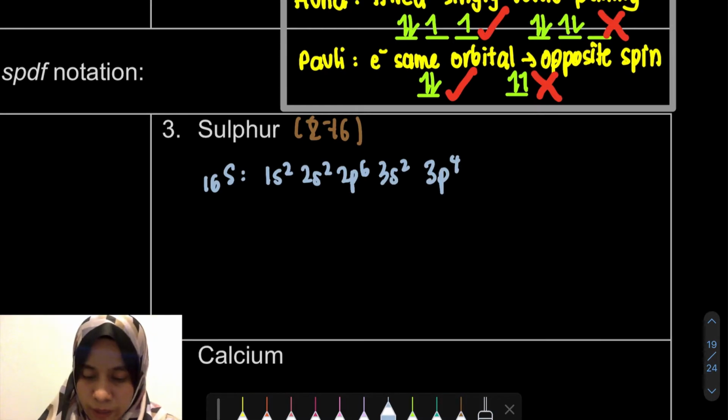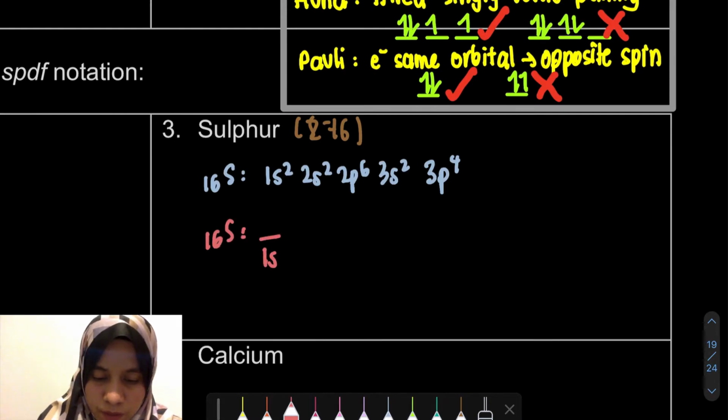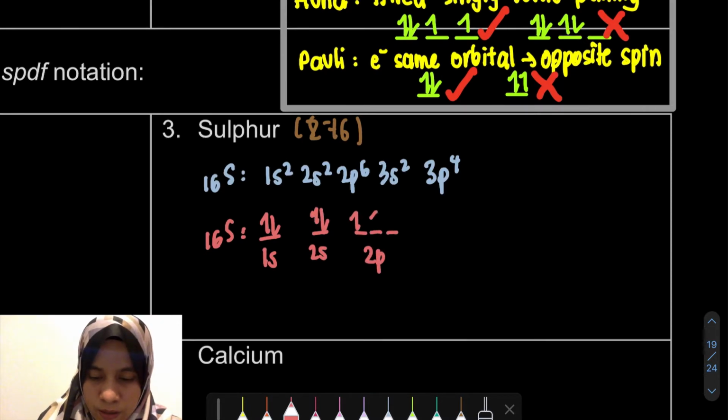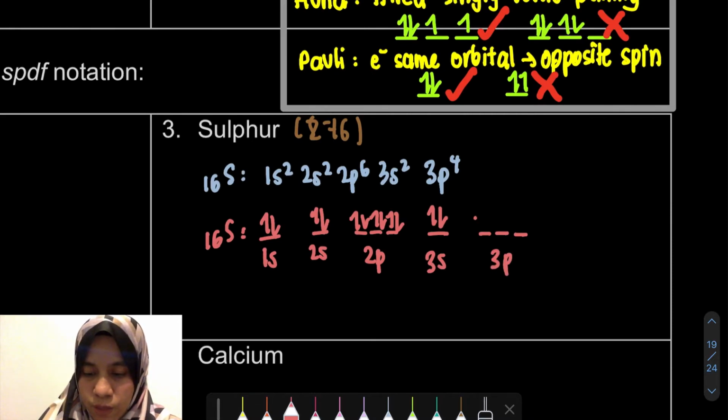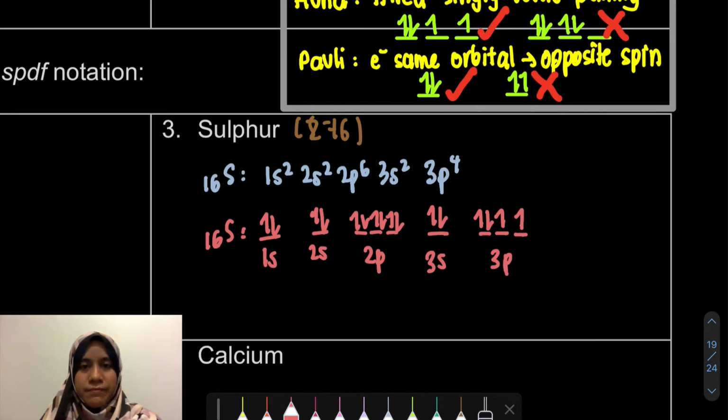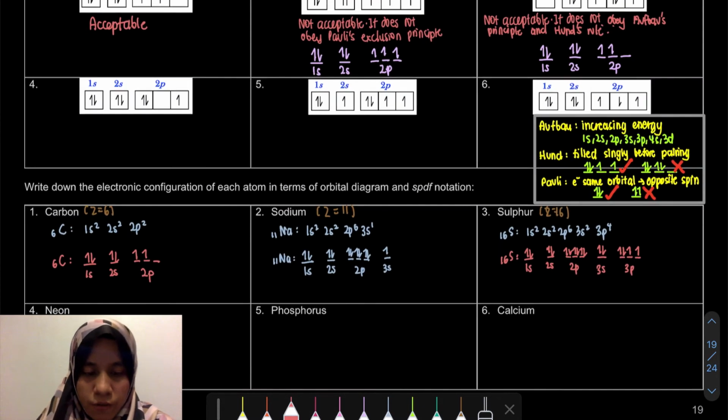Now I'm going to write down the orbital diagram. 16 sulfur: 1s2, 2s2, 2p6, 1, 2, 3, 4, 5, 6, 3s2, 1, 2, 3p4, 3p, 1, 2, 3, 4. Okay, so that's the end of the example.